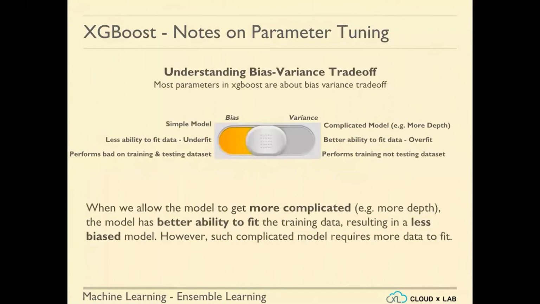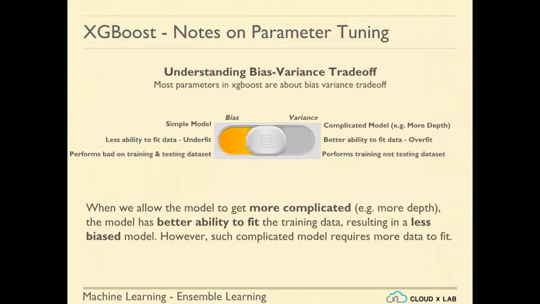It's just important to understand the bias-variance trade-off, which we all know: on one hand, when the model is too simple, it's biased. The moment we try to make complicated models, there is a huge variance.